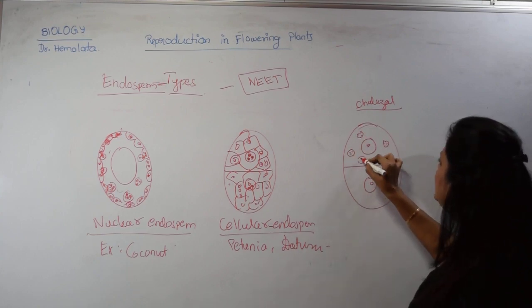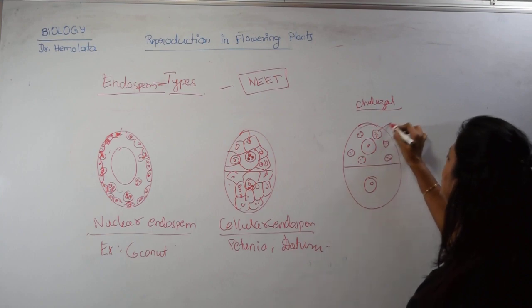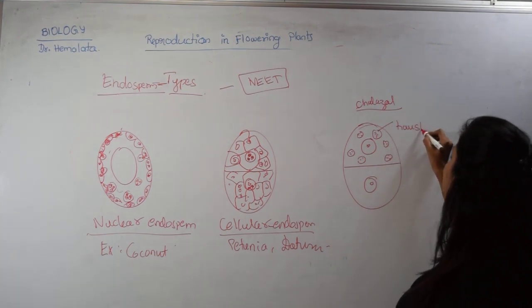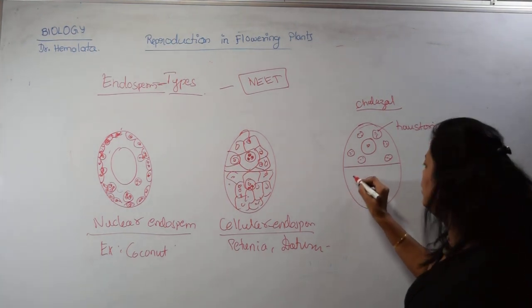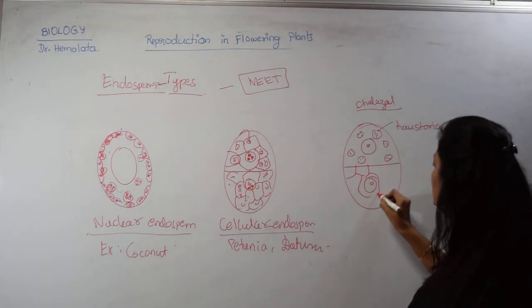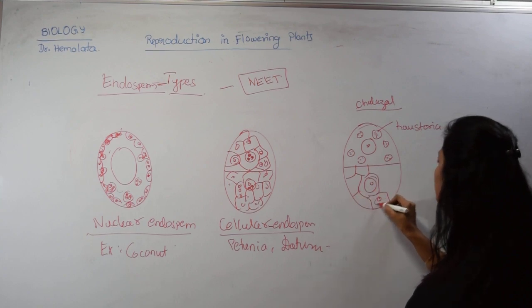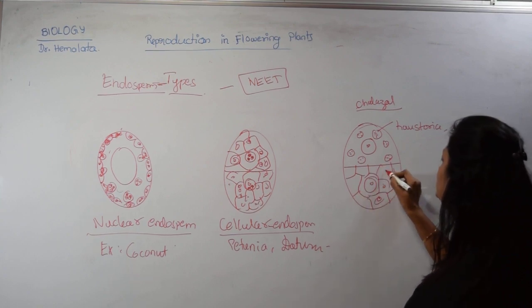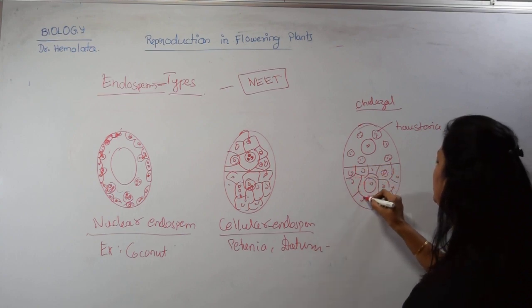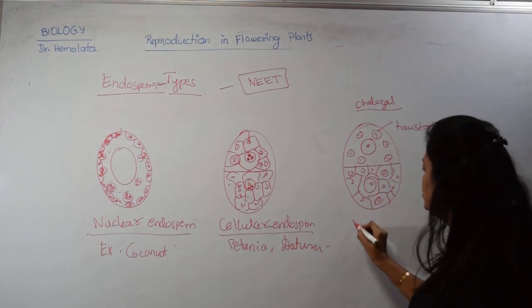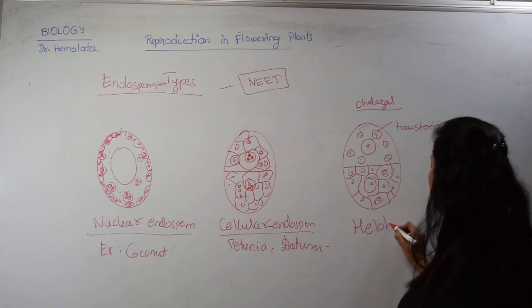Haustorium means something that nourishes. The lower ones will be undergoing divisions, and the divisions are followed by cell wall formation. It is both nuclear division as well as cellular division. This is called helobial endosperm.